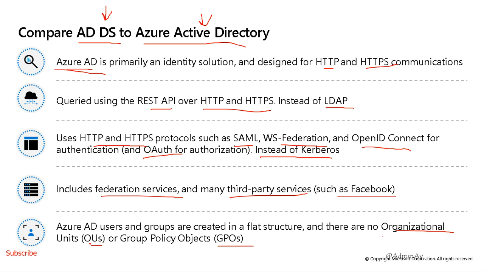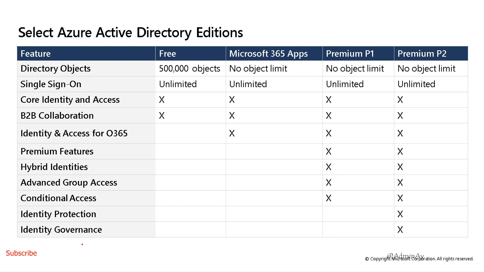The OUs are more like folders where you pack in users and then you manage all of them together simultaneously. And the group policy object allows you to apply policies to the objects within your Active Directory. All these are not used in Azure Active Directory, so that's the major difference you see in there.